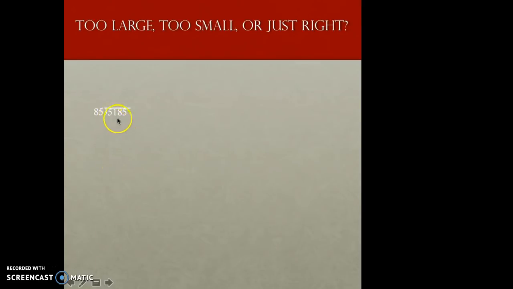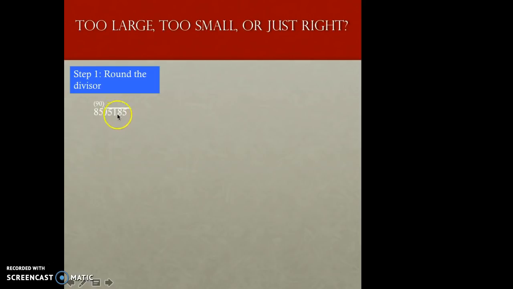In this problem, remember we've got our dividend, our divisor, and we're looking for the quotient. So we're working on the divisor today. If I'm going to round that, 85 would be rounded up to 90. So to do this problem, I'm asking myself, how many 90s? We don't have any in 5 or 51.